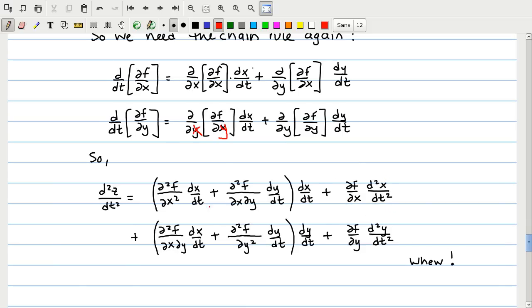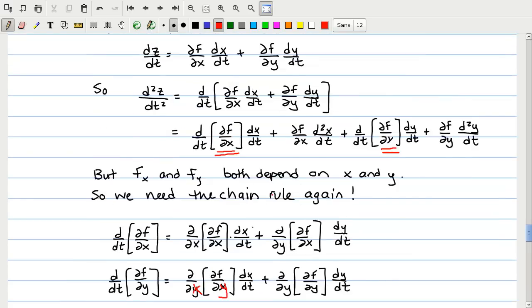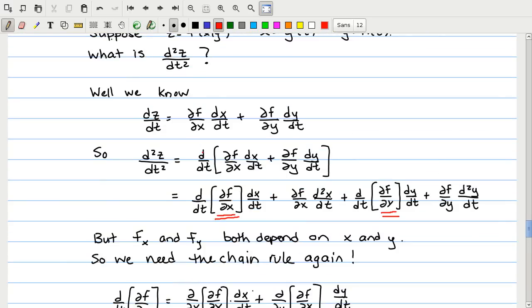It's a lot of terms. So there's no shortcut, and no simpler way to do this. You just have to be master of the chain rule and the product rule and use them over and over again.